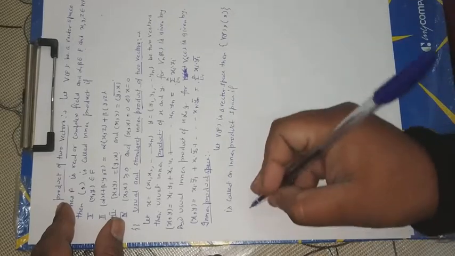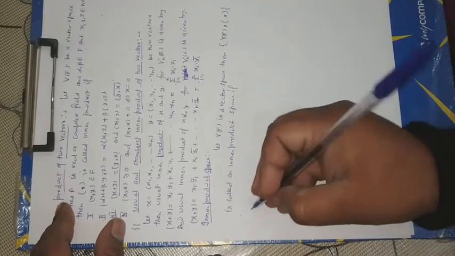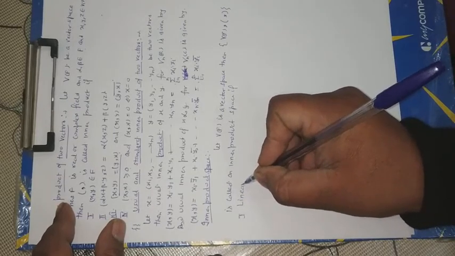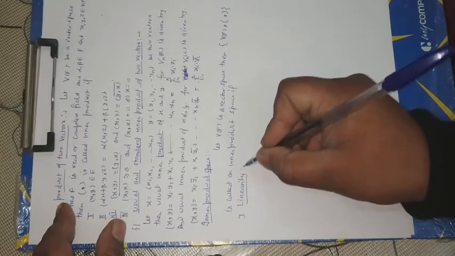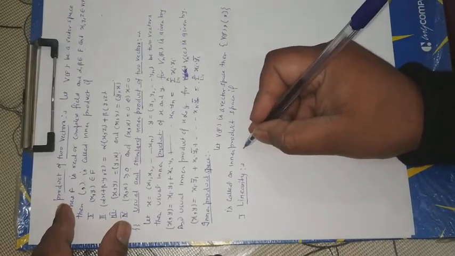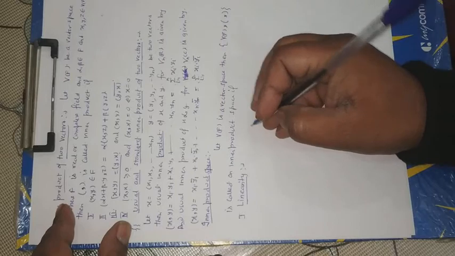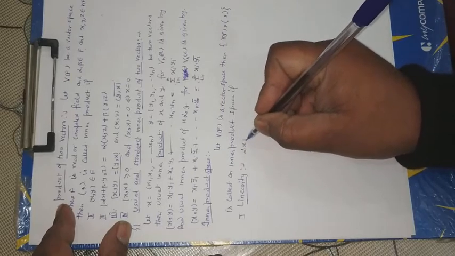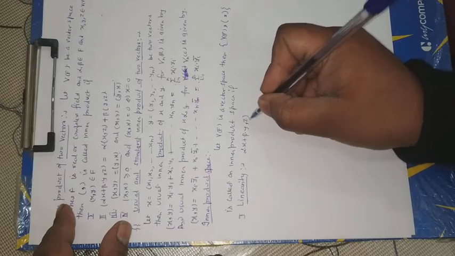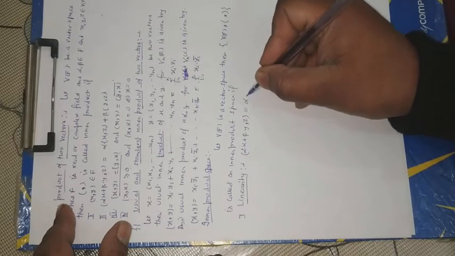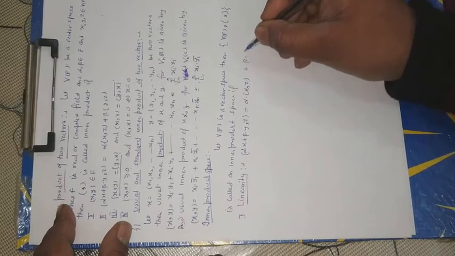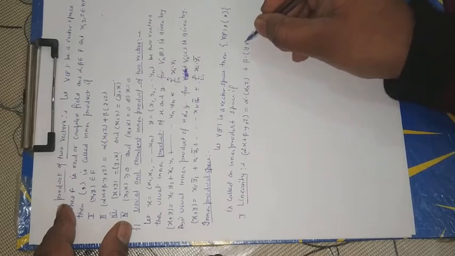if, number first, linearity: alpha times x plus beta times y inner product with vector z is equal to alpha times x inner product with z plus beta times y inner product with z.